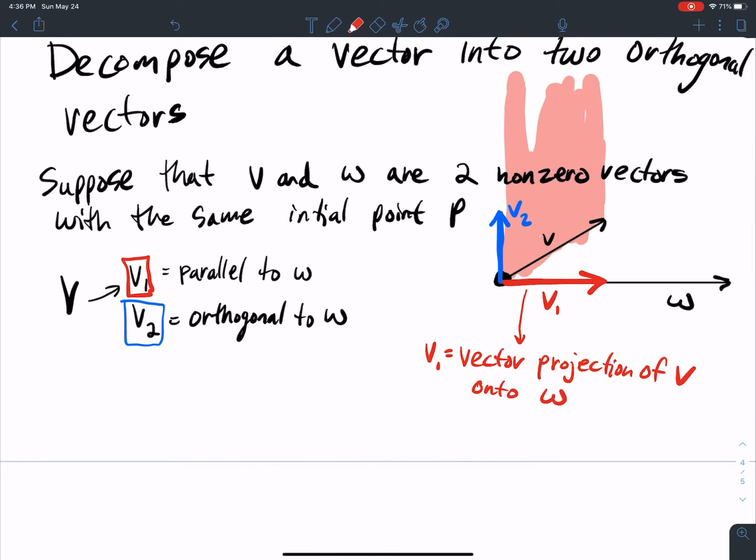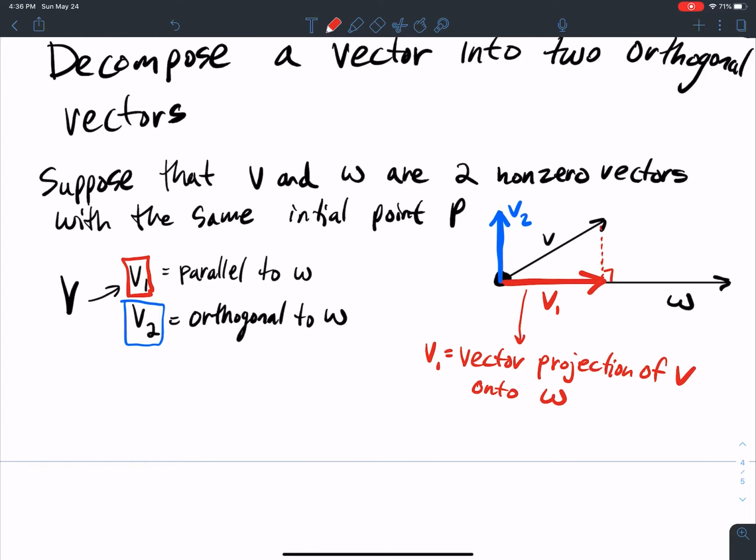So if we shined a light from above down, where would it project onto W? Well, that shadow would be created onto W right on this line right here. Okay, so that's the projection onto W. You're projecting onto W. Okay, so that makes a right angle.